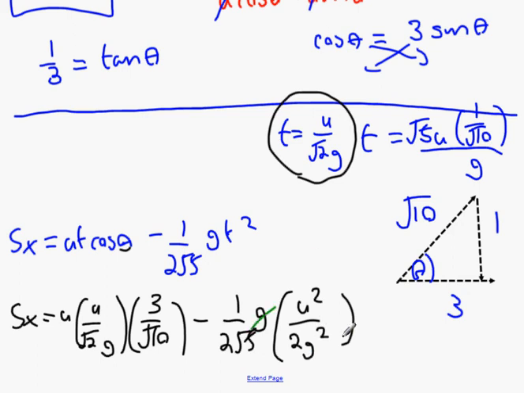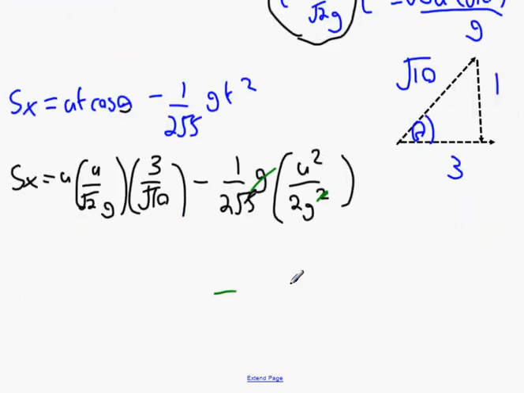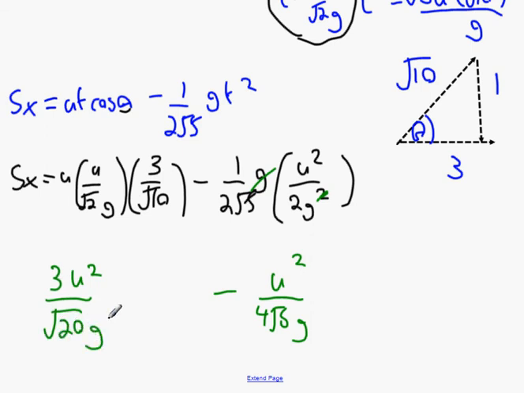The g's will cancel. So it's going to be u squared over 4 root 5g. And this side here is going to be u squared, what's that going to be? 3 over root 20g. 3u squared over root 20g. Don't mess around too much with this, guys.